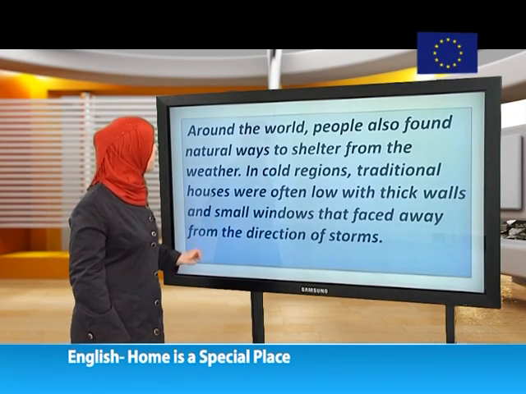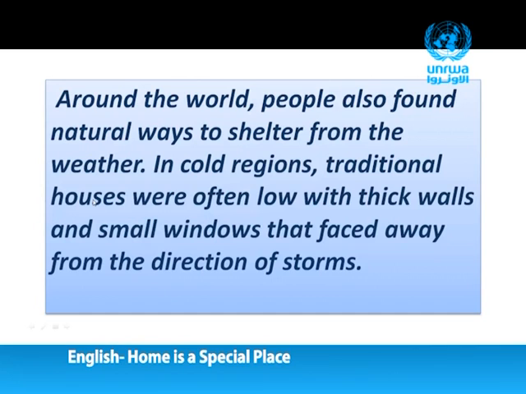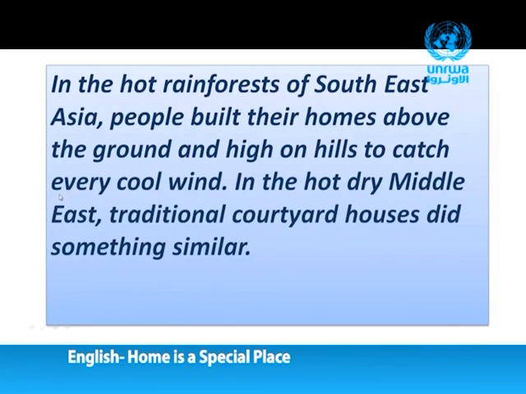Let's read together. Around the world, people also found natural ways to shelter from the weather. In cold regions, traditional houses were often low, with thick walls and small windows that face away from the direction of storms.